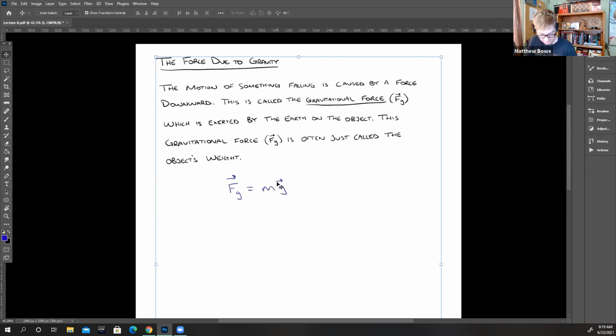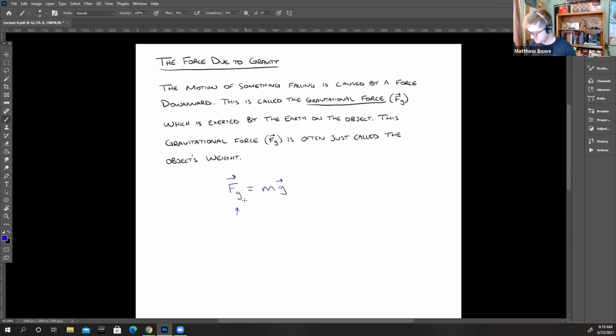What I was saying about the indices right here is that in some problems, you might have many forces. You could just label the indices whatever you want, as long as it's clear to you.